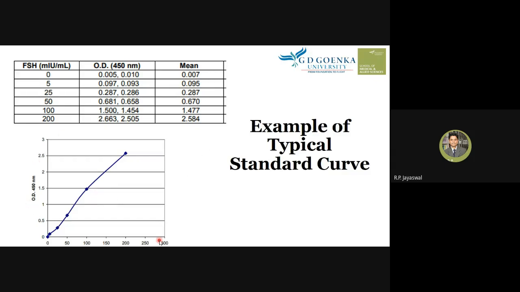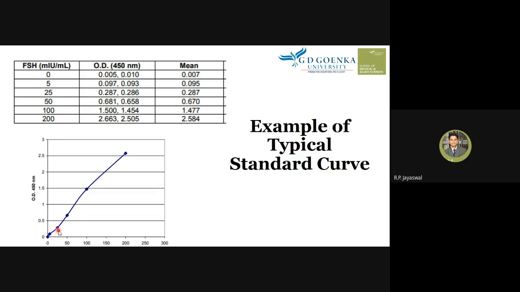Now we can plot the graph. On the x-axis we put the concentration, and on the y-axis we put the absorbance. At 0 concentration, the OD is 0.07. At 5, the OD is 0.095.